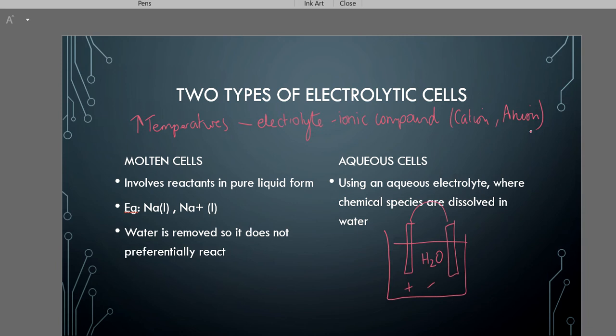Obviously, most metals have fairly high temperatures to melt them into a liquid. What you might remember, though, from year 11 is a lot of ionic compounds can be easily dissolved in water, hence why they're used in aqueous electrolytes. So the molten cell is specifically designed to remove water. I'll talk about why that is the case in just a second.